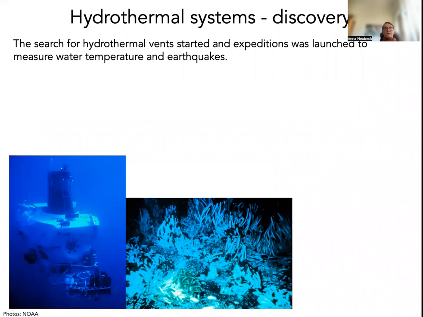So this started the search for hydrothermal vents even more, and several expeditions were launched to measure the water temperature and small earthquakes.